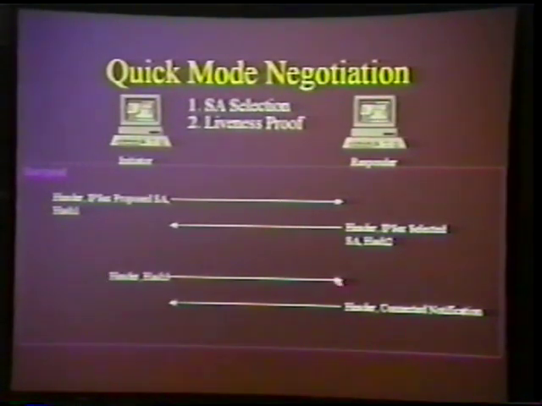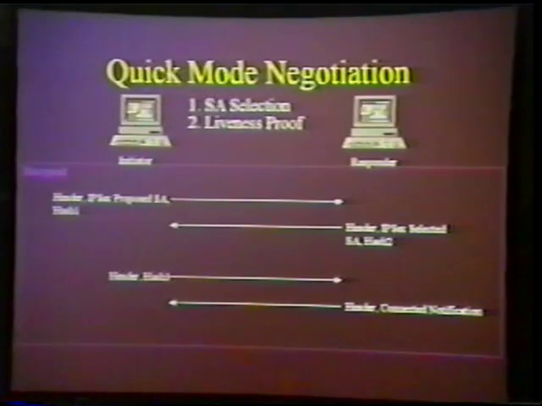That committed byte makes the initiator wait until it gets that connection notification before it starts sending secured packets, because you don't want them to get to the responder and the responder still doesn't know how to decrypt them or even how to handle them, because they'll just be dropped. So that's what the connection notification serves.